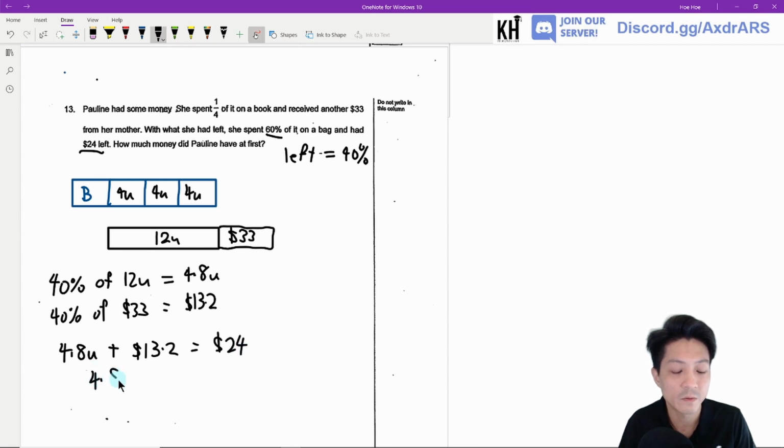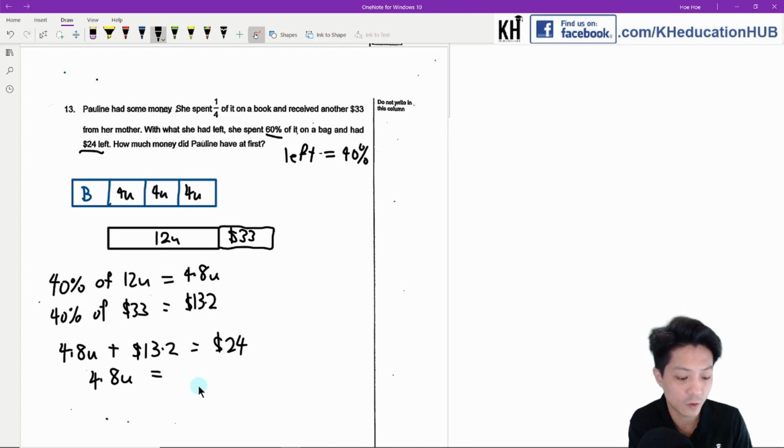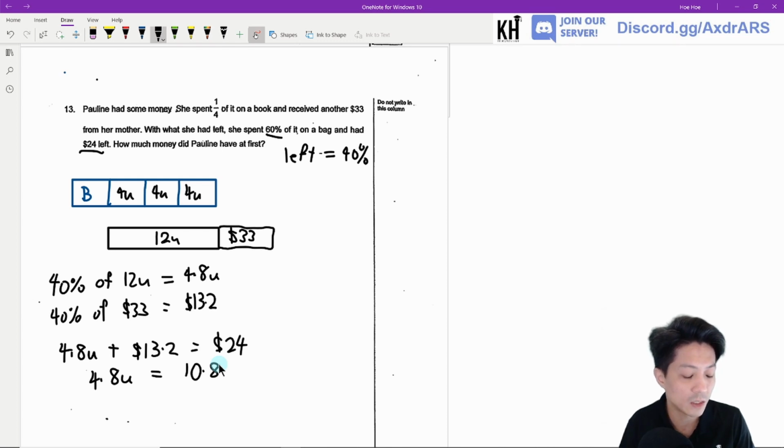Okay, so 4.8 units is equal to 24 minus 13.2, which is 10.8. Okay, and 10.8 divided by 4.8.